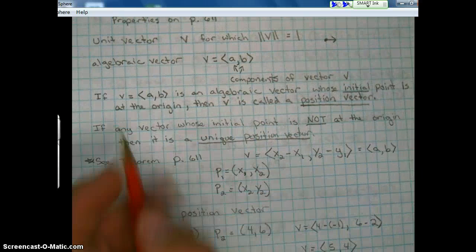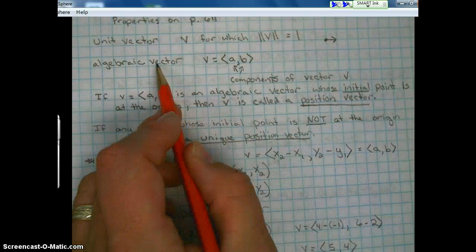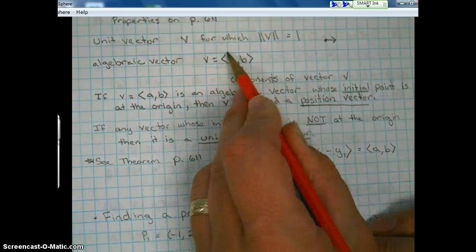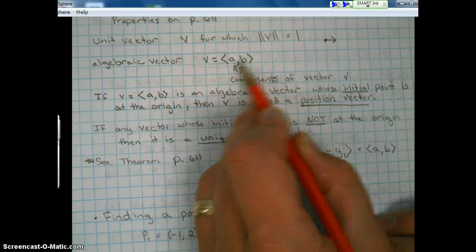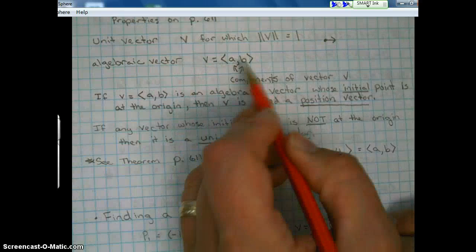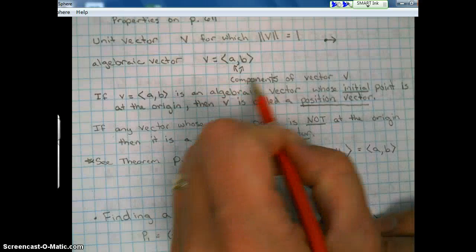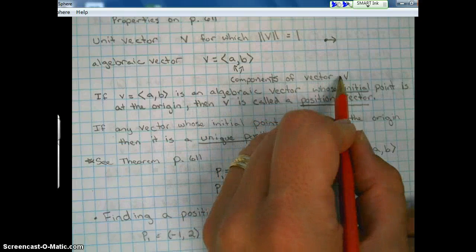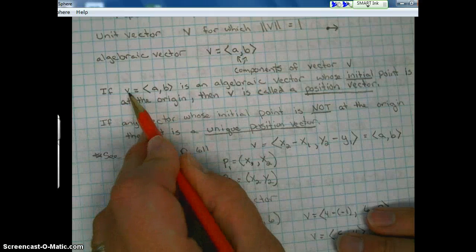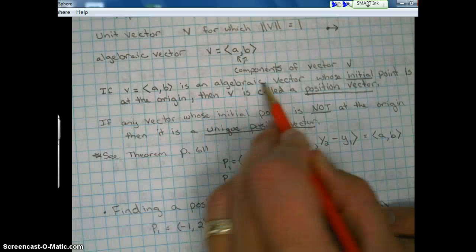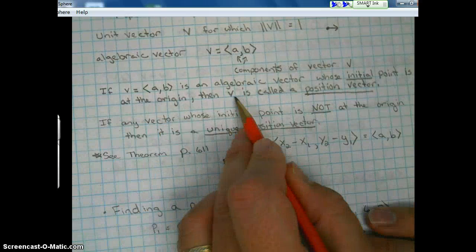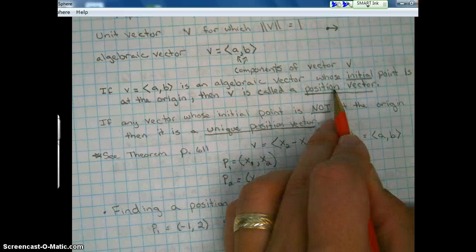Okay, now an algebraic vector looks like this. We're going to use the less than and the greater than symbols here, but that's not what they are. That's the symbols we use for an algebraic vector, where a and b are the components of vector V. If vector V is an algebraic vector whose initial point is at the origin, then vector V is called a position vector.